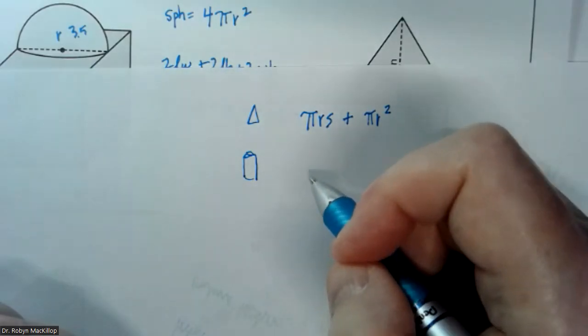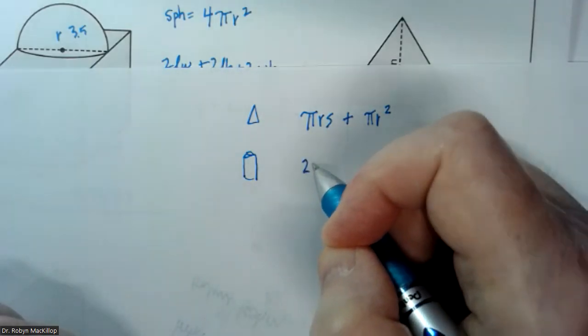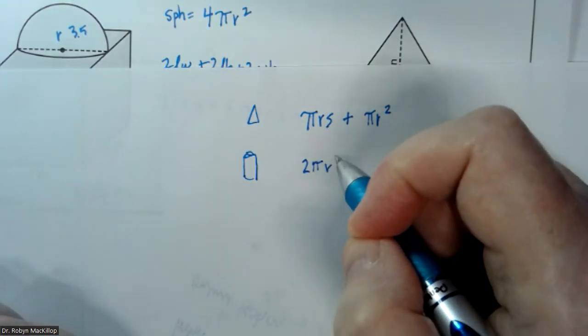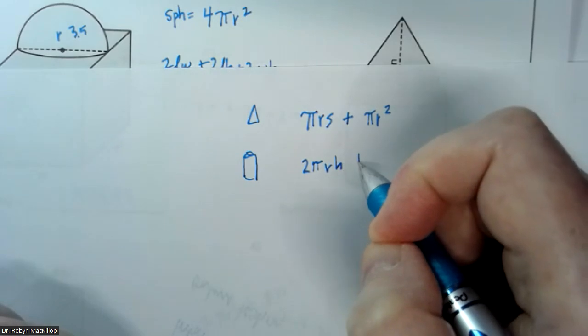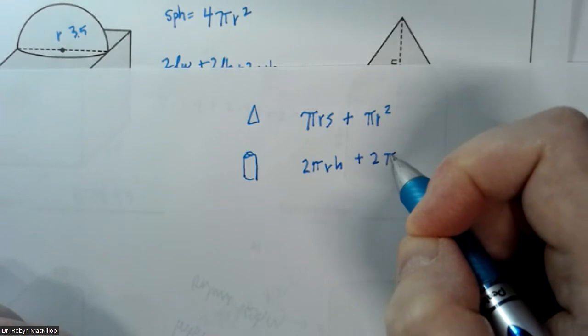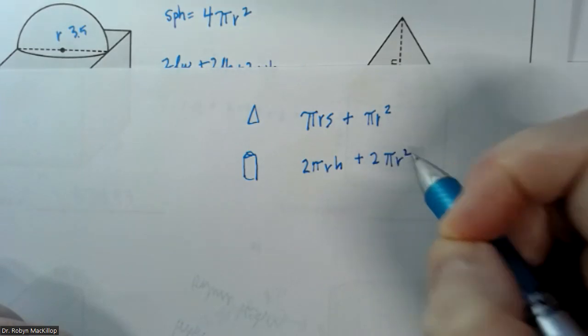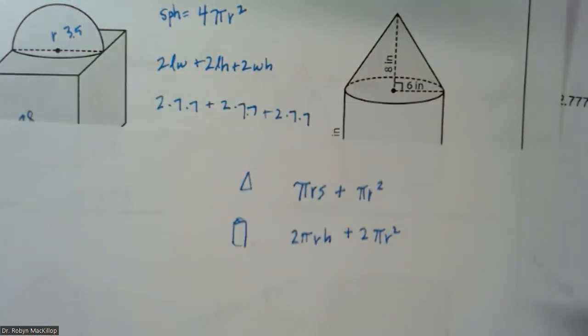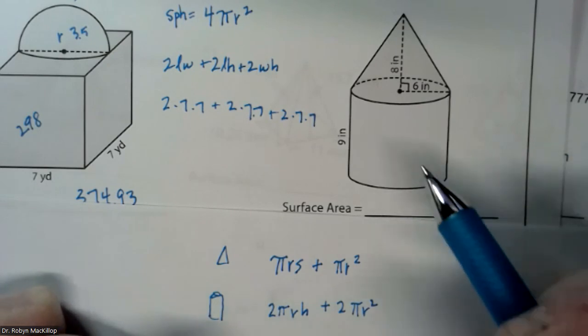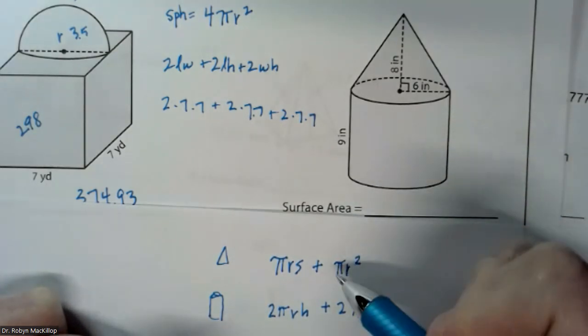Cylinder is 2 pi times radius times height plus, if it's got bases, 2 pi r squared. All right, so we've got our formulas. What do we need? For the cone, we don't need the bottom, do we?